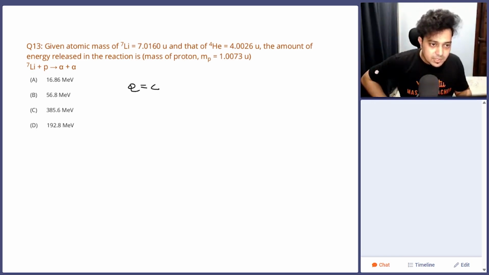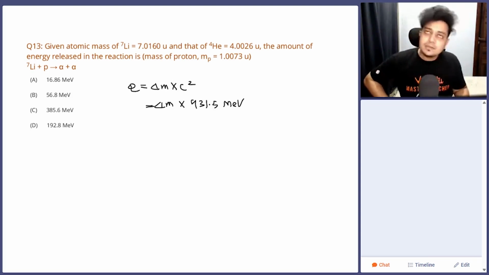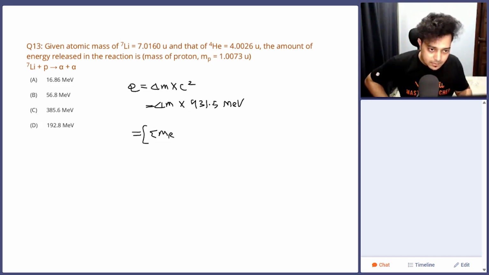The Q value of the reaction is delta M into C square, and a practical version is delta M into 931.5 mega electron volt, with mass in AMU. So delta M is the total mass of reactants minus the total mass of products. This is the mass defect, into 931.5 mega electron volt.